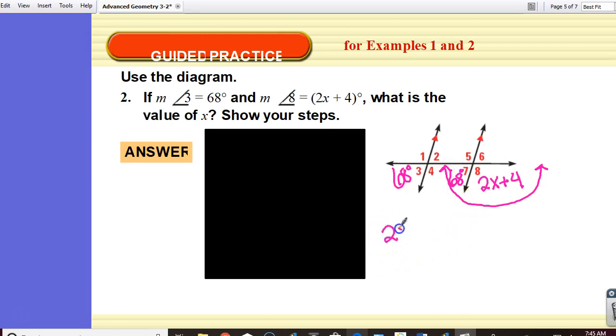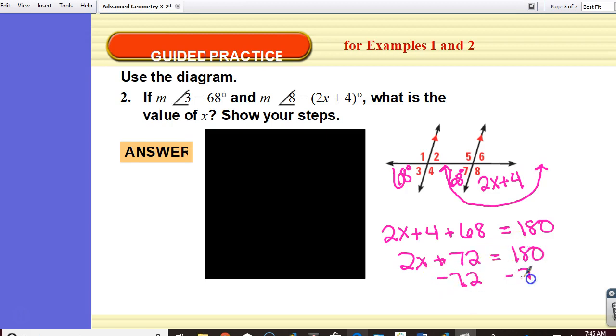So 2x plus 4 plus 68 equals 180. What is 4 and 68? 72 equals 180. 180 minus 72. X equals 108.